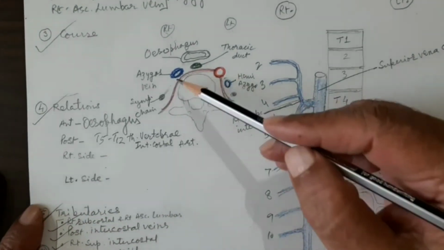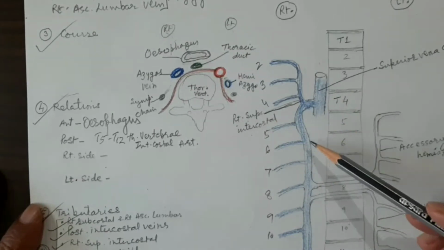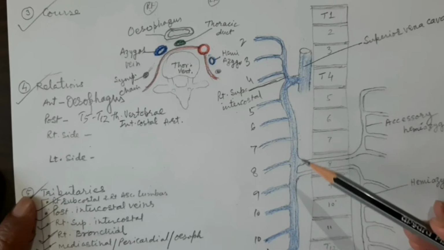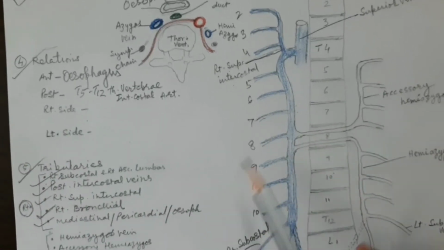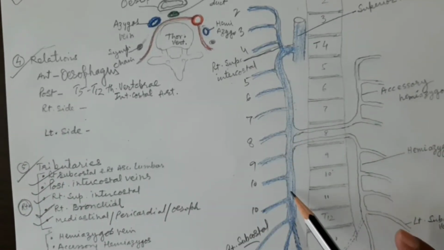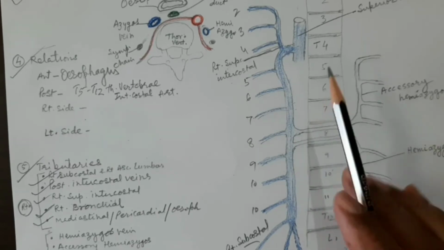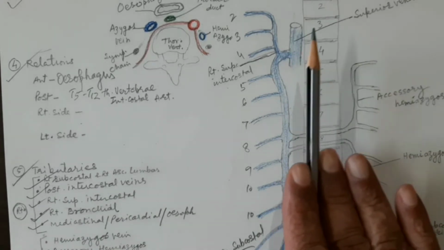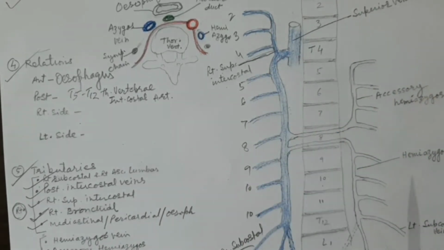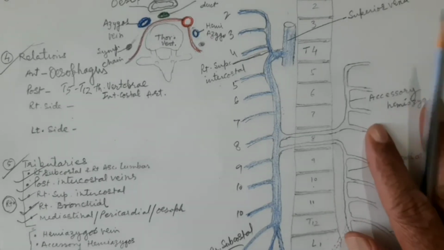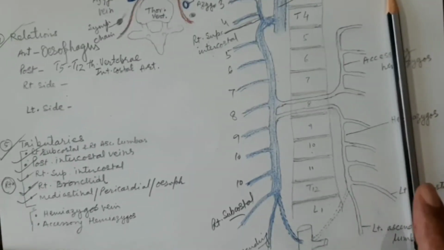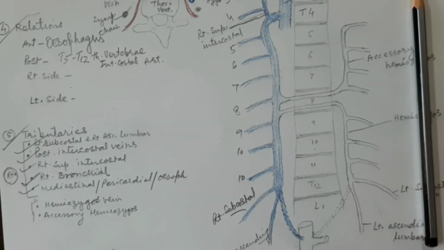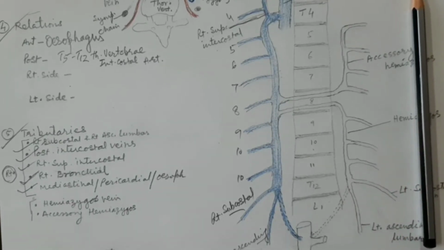So the esophageal veins, mediastinal veins and pericardial veins will drain their blood into the azygos vein. All of these which I have named drain the blood from the right side only: the right side of the posterior thoracic wall, the intercostal spaces, and the posterior mediastinum.